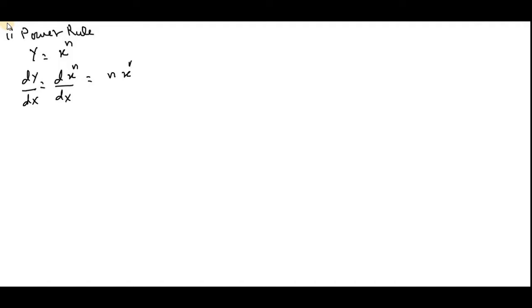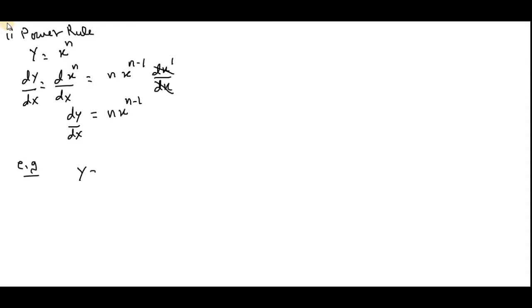Now since n is the power, so we take n here and x to the power n minus 1. Then we take the derivative of the function, which is x. So dx over dx, we can cancel this and it gives us 1. Hence dy by dx is equal to n x to the power n minus 1. So this is the formula which is commonly known as the power rule.